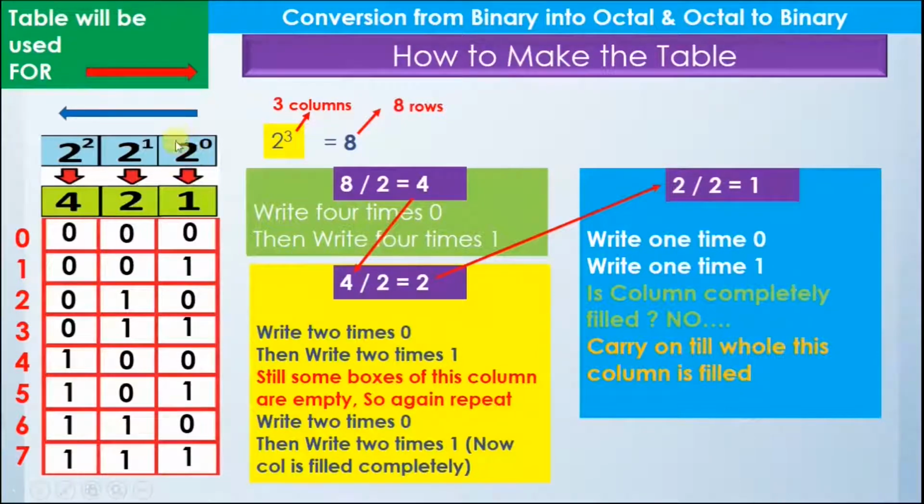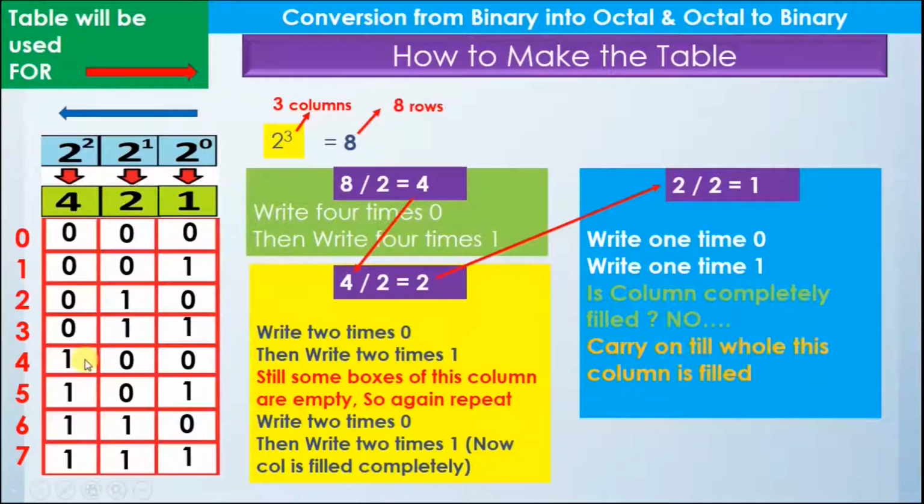As we know, the value of this column is 1 because 2 raised to power 0 is 1, as I have previously told you, and 2 raised to power 1 is equal to 2. So the value of this column is 2, and 2 raised to power 2 is equal to 4, so the value of this column is 4. If the box under 4 is 1, the value of this box is equal to 4.